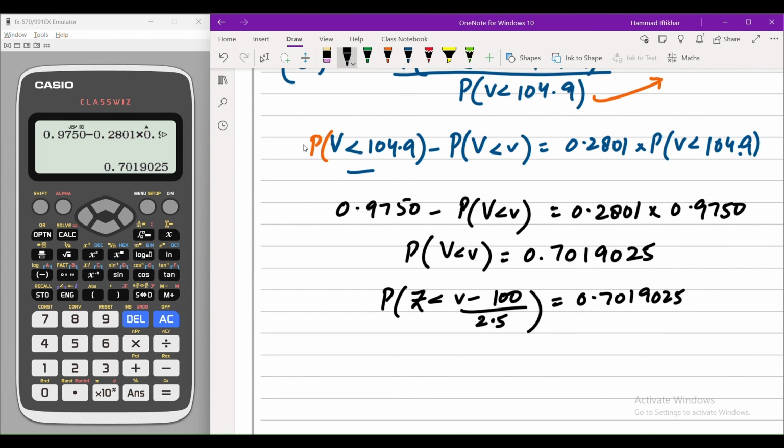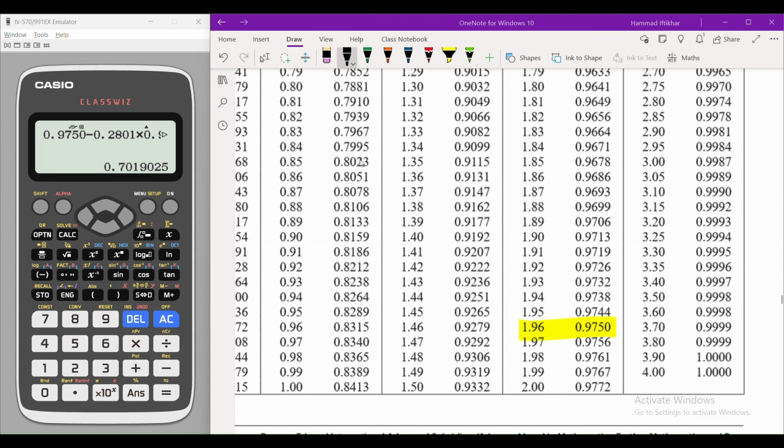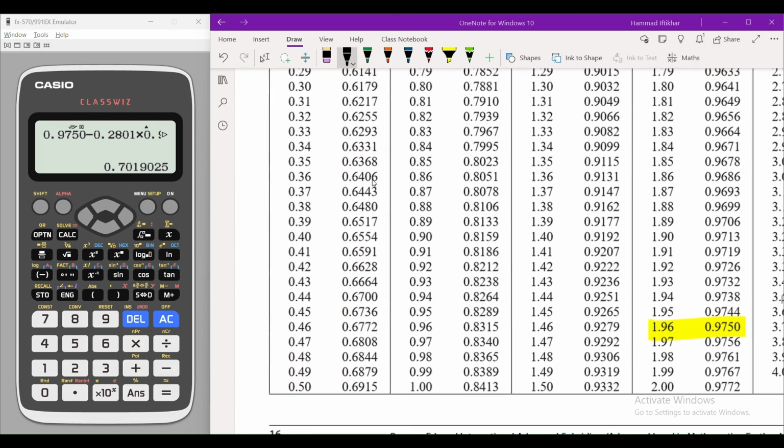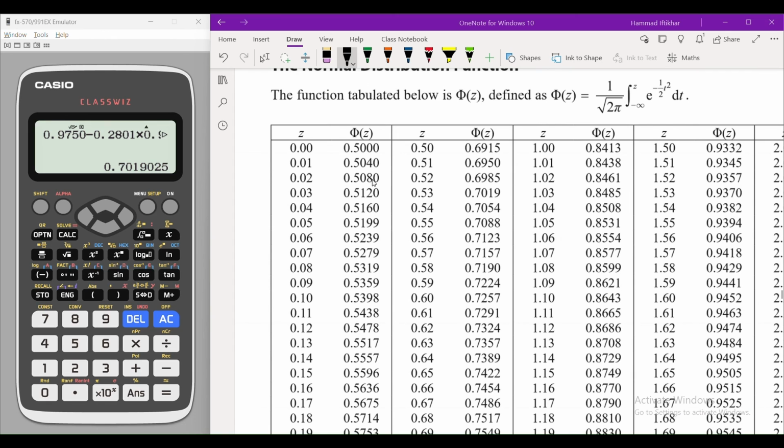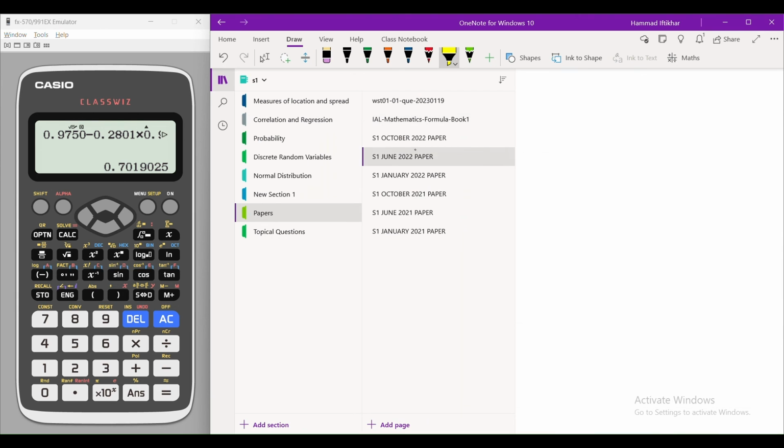Okay, let's go back into the table and find this. Okay, so we're looking for 0.7019. So 0.53. I think up to 4 decimal places, this is fine. So we can call it 0.53.